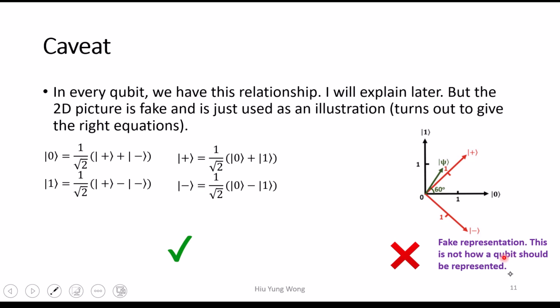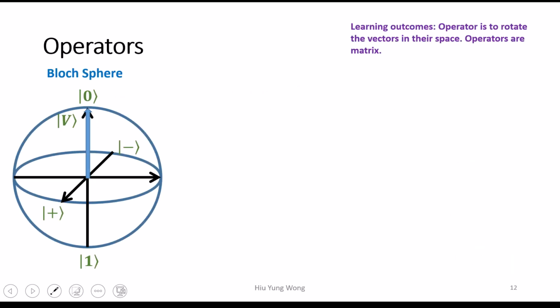This is just a fake representation, but these equations are correct. 0 equals plus plus minus divided by square root 2, 1 equals plus minus minus divided by square root 2. Okay? Just come back to read it if you feel confused later. Any questions so far for the changing basis?